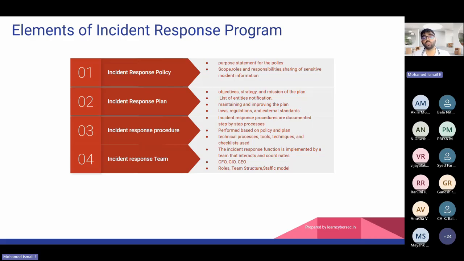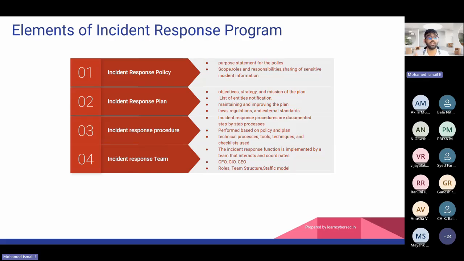What are the elements you will add? The purpose statement, why I am creating this policy. Then scope, roles and responsibilities, and sharing of sensitive incident information. Here, roles: what are the roles or departments I need to include in the incident response policy?